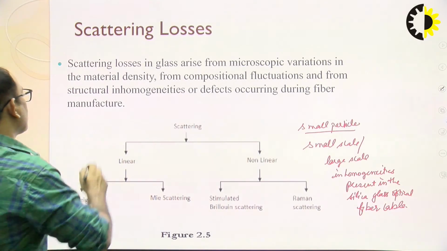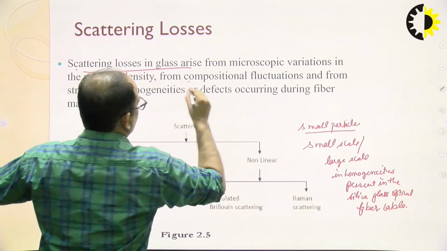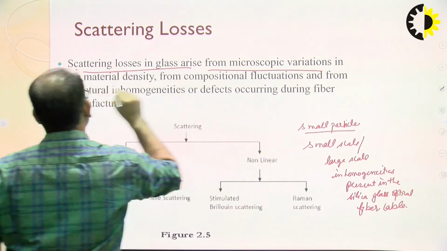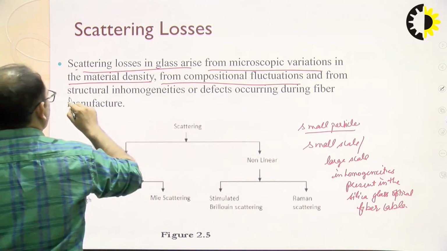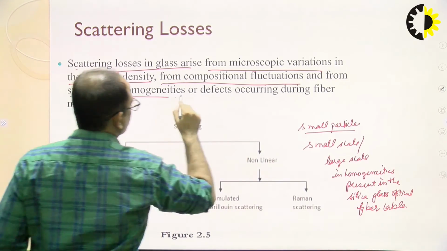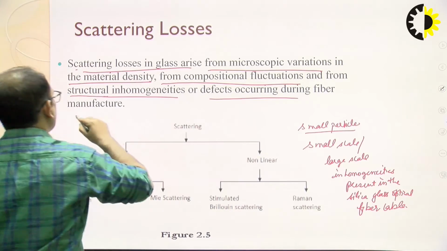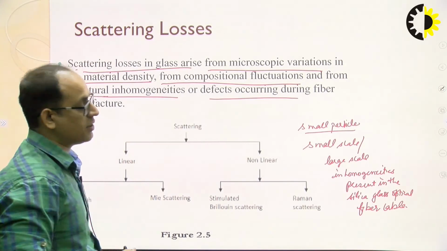So this scattering loss arises from microscopic variation in the material density, from compositional fluctuation, and from structural inhomogeneities or defects occurring during the fiber manufacturing.